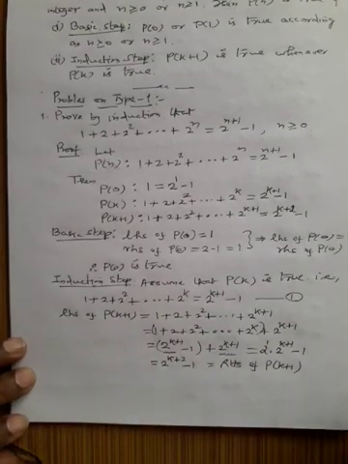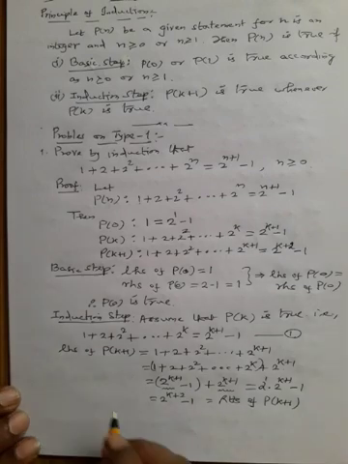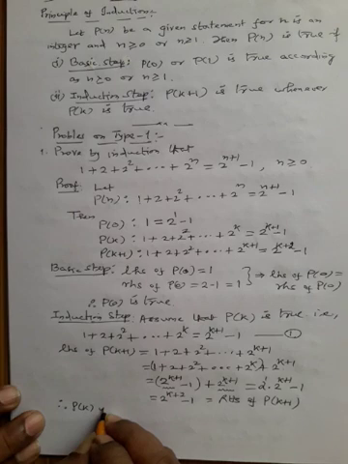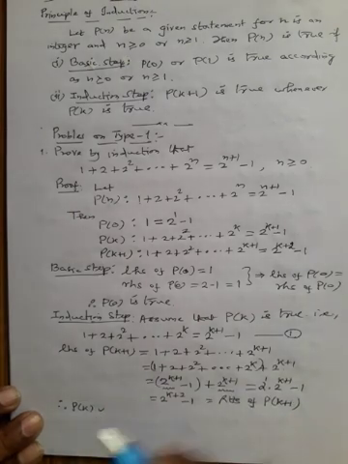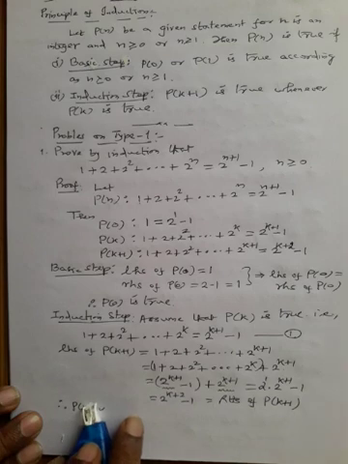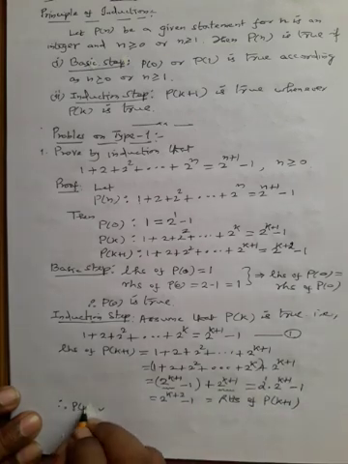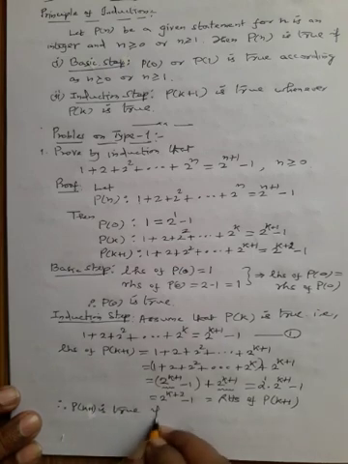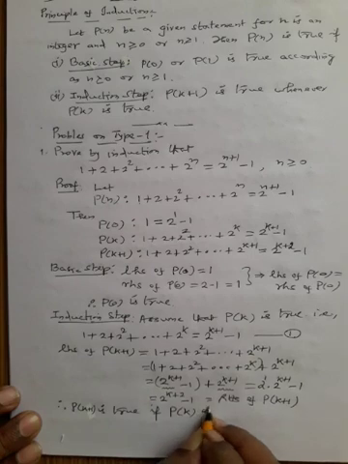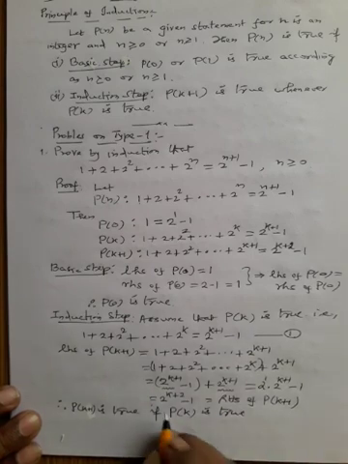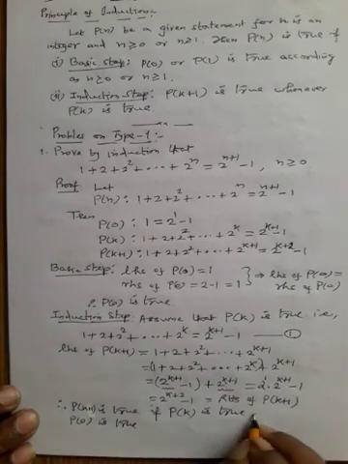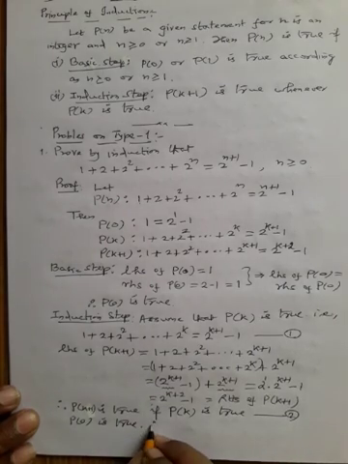Therefore, the conclusion is P of k plus 1 is true if P of k is true. That is, whenever it is true for k, it is true for the next integer k plus 1. Say this is 2. P of 0 is true.